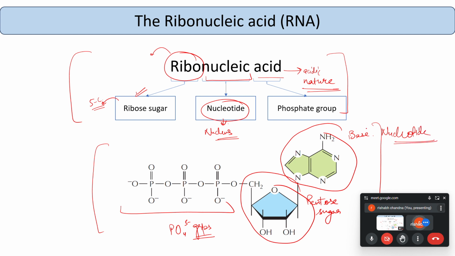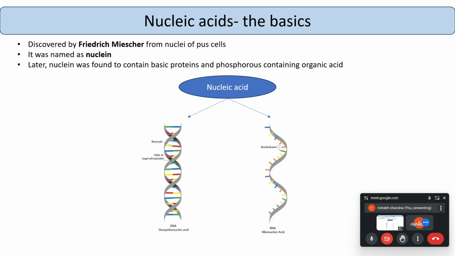So a nucleotide consists of a sugar connected with the base as well as the phosphate groups. Okay, so this is the complete definition of a nucleotide, and these are the three components of a nucleotide to be starting.